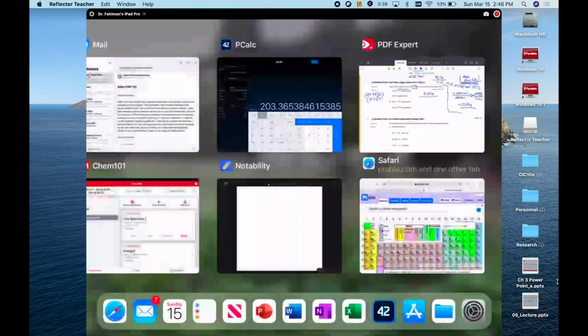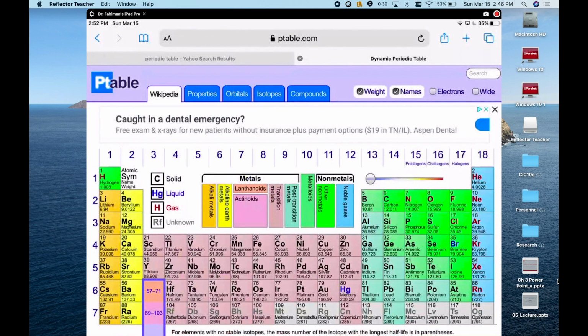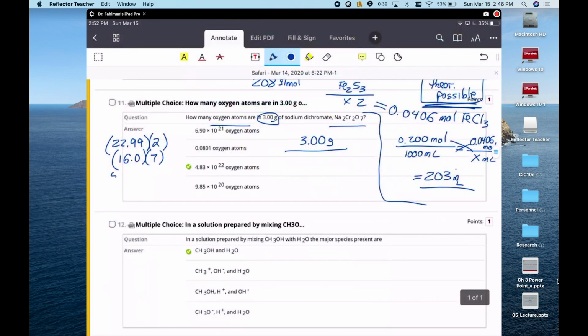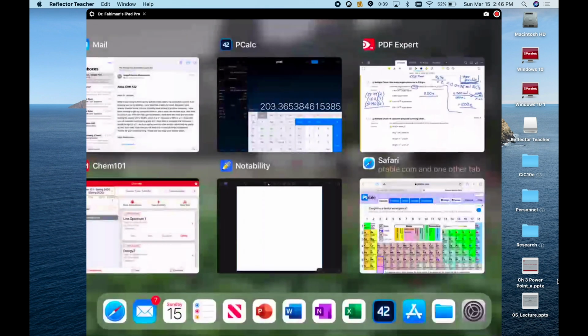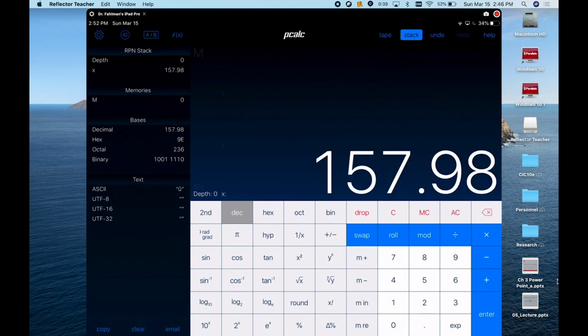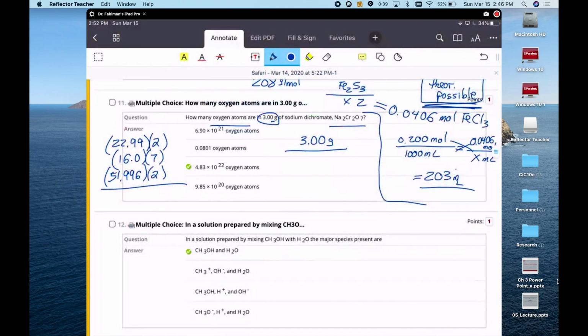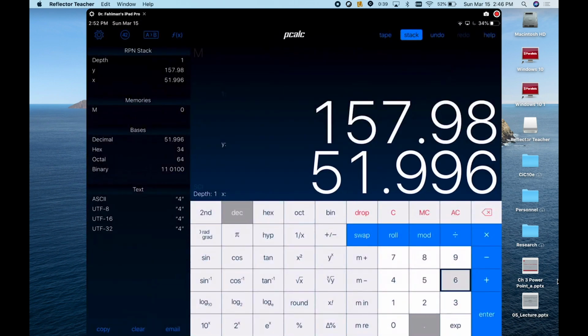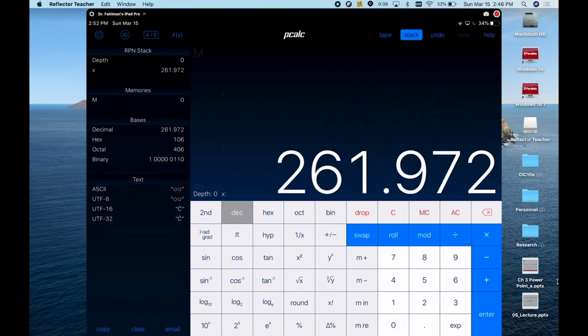Then chromium, 51.996, and there are 2 of those. So 22.99 times 2, 16 times 7, and then 51.996 times 2. So that's 261.97.